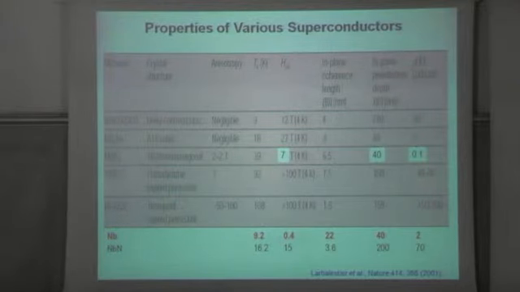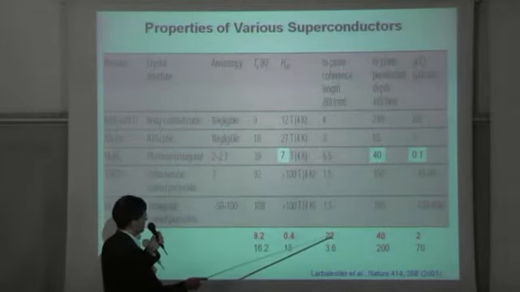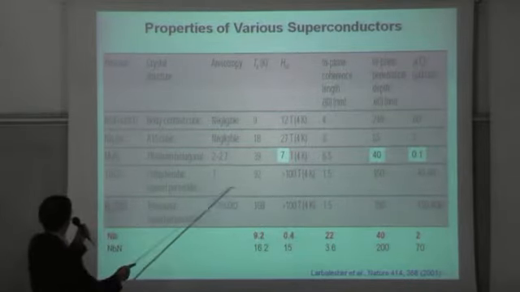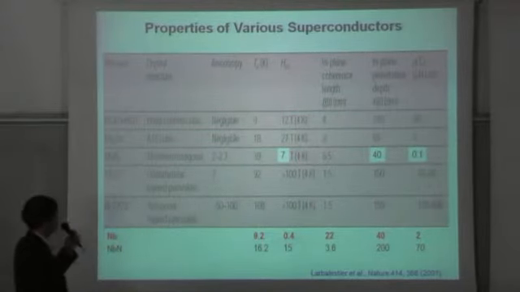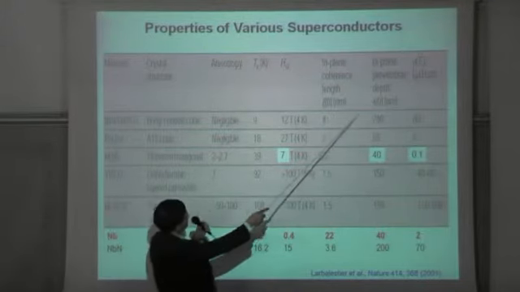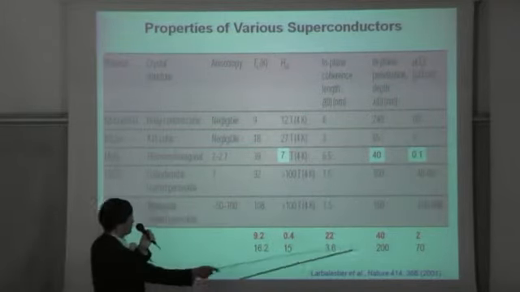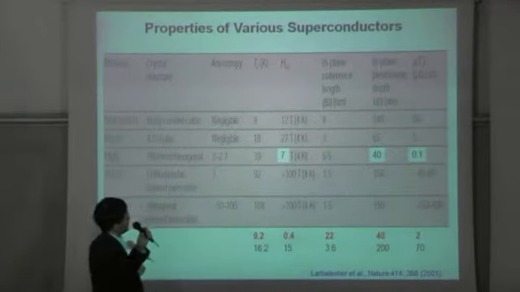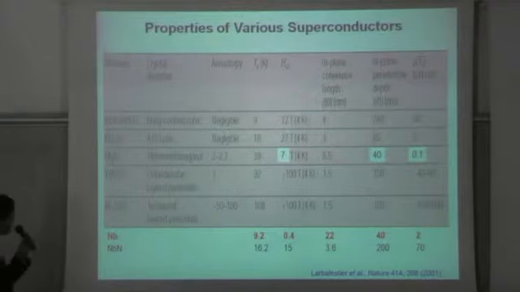And also, if you put it together with other superconductors, niobium is the one that we would love to replace. And of course, magnesium diboride has much higher TC, and so the gap is higher. Also, if you compare the penetration depths of all these different kinds of superconductors, you find that magnesium diboride has the smaller penetration depth among all these superconductors, comparable to that of niobium.